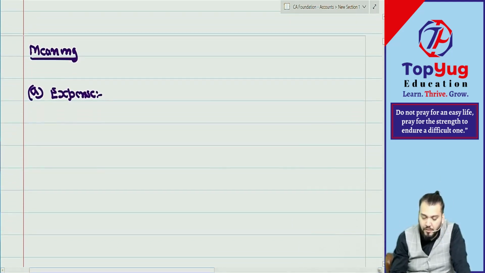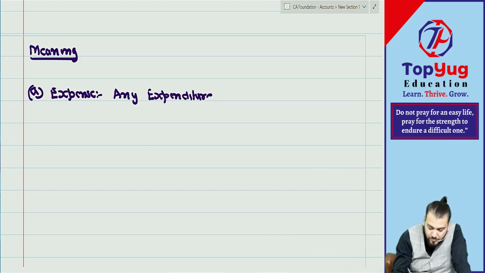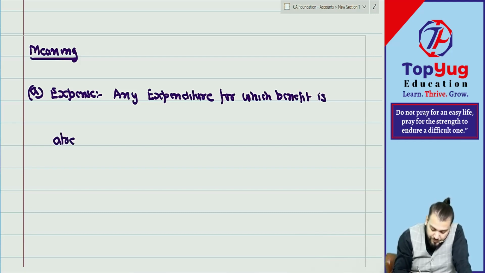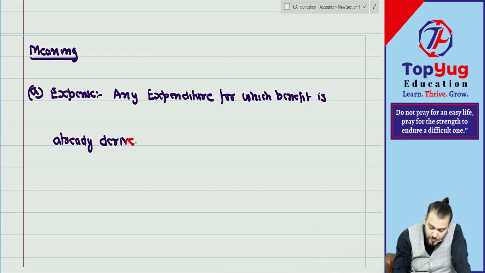Write down. Expense means any expenditure for which benefit is already derived.